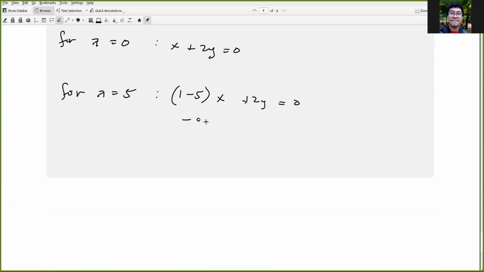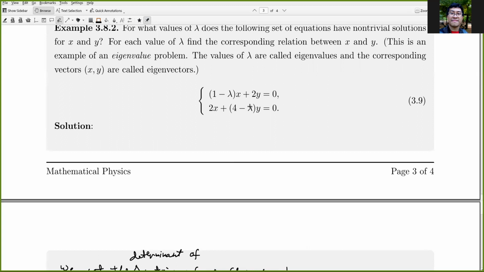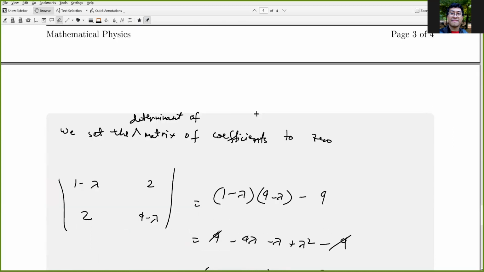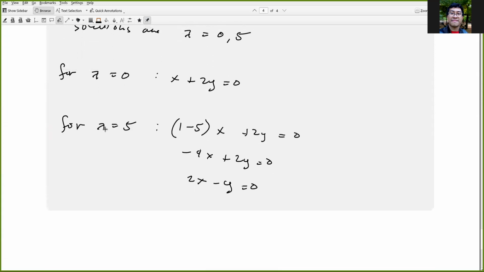So you have negative 4x plus 2y equals 0. Divide this by 2, you have 2x minus y equals 0. If you use the second equation and set lambda to 5, you have 2x minus y equals 0. You get the same equation. So for the two eigenvalues, lambda equals 0 and lambda equals 5, we have corresponding relations between x and y: x plus 2y equals 0 and 2x minus y equals 0 respectively.